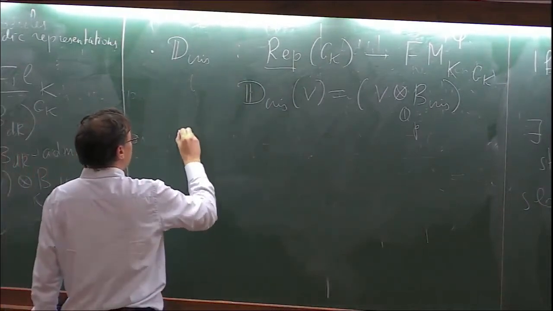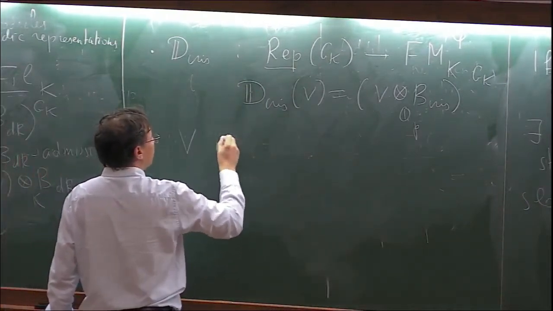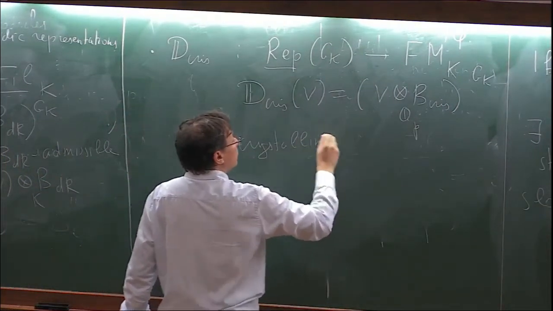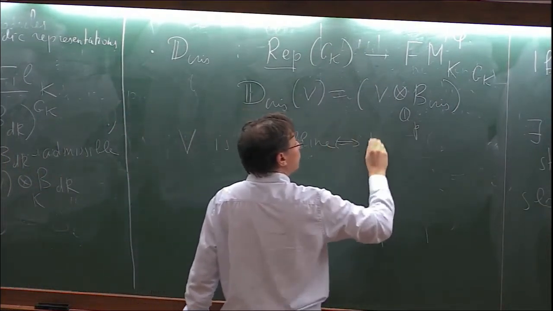And again, we say that V is crystalline if and only if it is D_cris admissible.